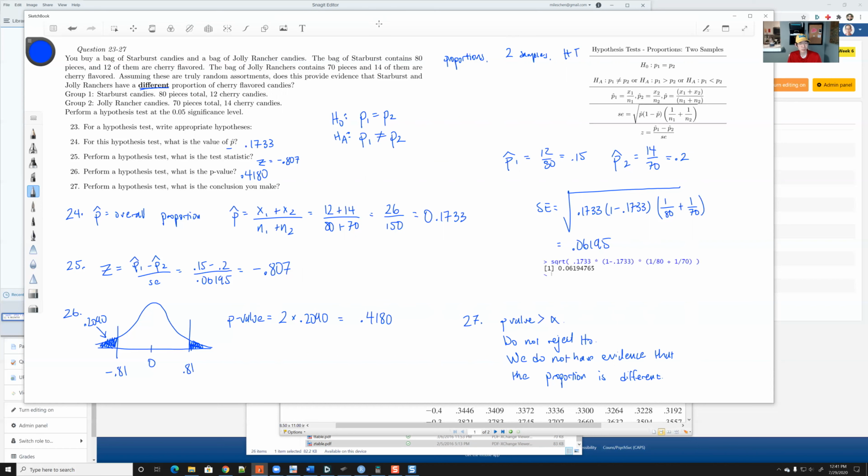Okay, and that's that. Where did the 0.2090 come from? This comes from the Z table. This is a lookup of Z equal to negative 0.81 in the Z table.